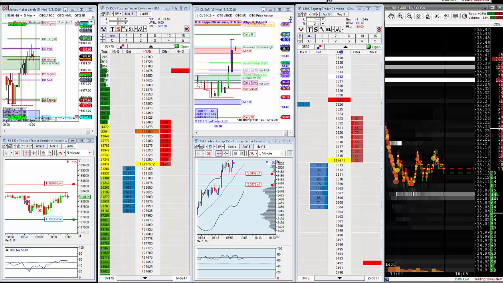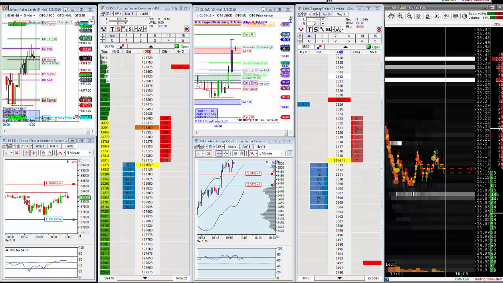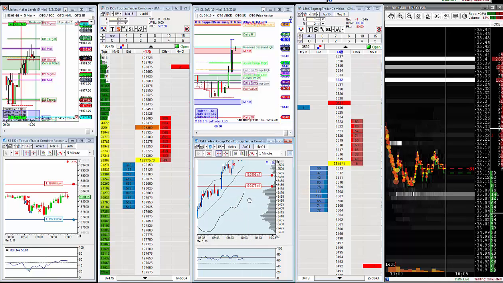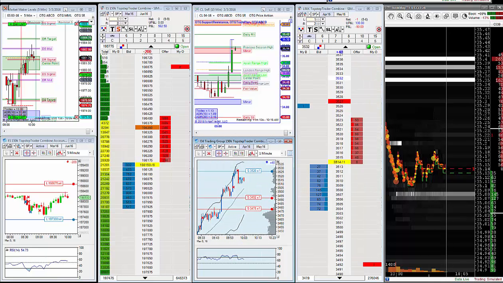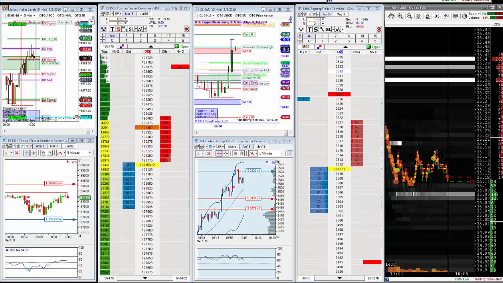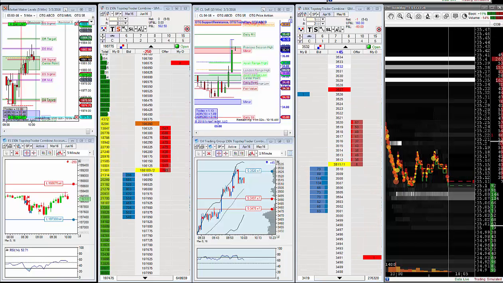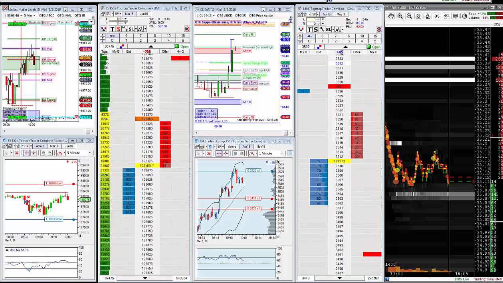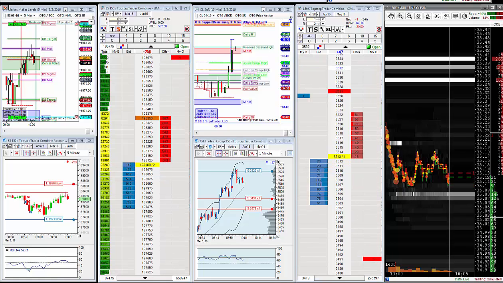I'm going to look to add underneath this at 91. I think I have 92 on here. I mean 91. 78. And then we'll see. And look to try to carry that down to 57.